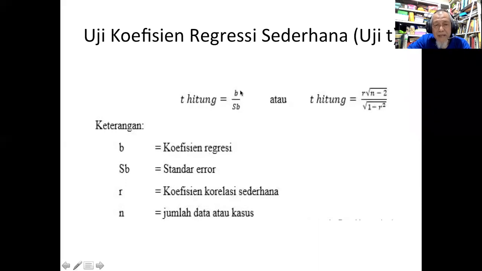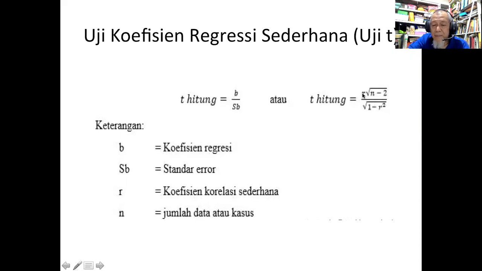We already calculated B, the regression coefficient, and the standard error, or you can also use the r score. What we have already calculated is the R, the correlation coefficient.